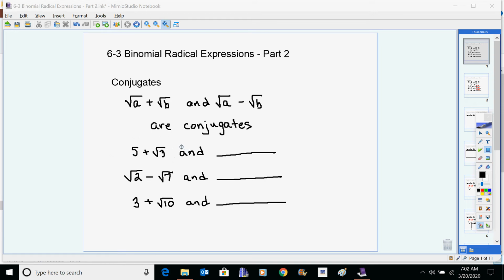And we had talked about conjugates before, and conjugates are just simply when you change the sign in between the two numbers, so that the conjugate of 5 plus square root of 3 is 5 minus the square root of 3. The conjugate of the square root of 2 minus 7 is the square root of 2 plus 7, plus square root of 7.